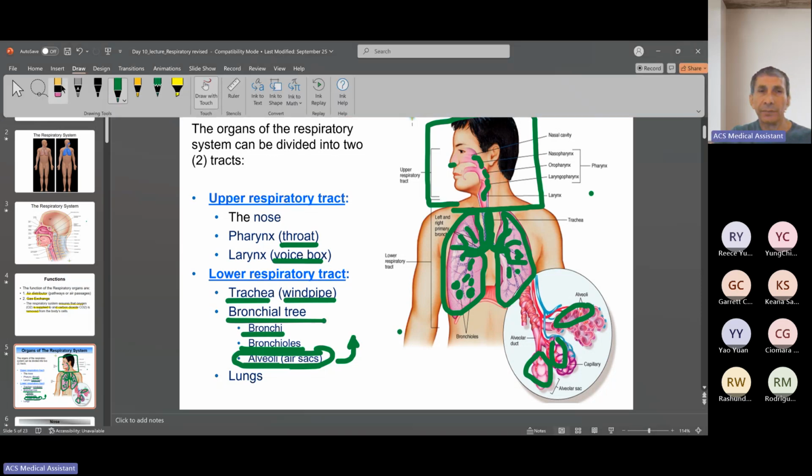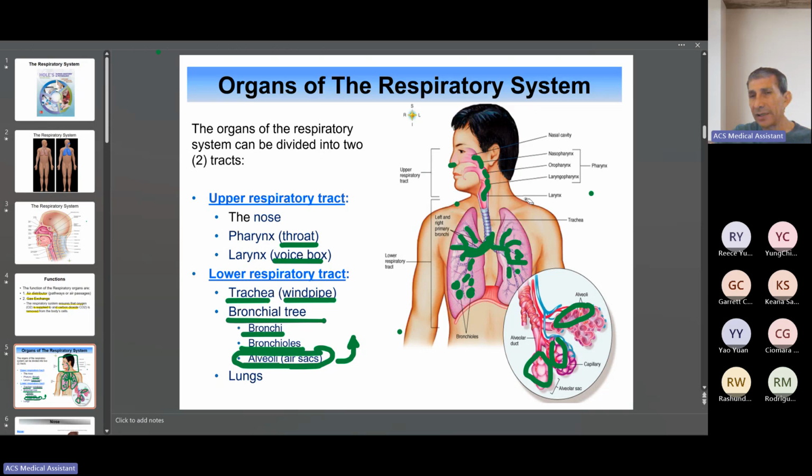So again, later on, we're going to see how that gas exchange moves from the blood to the alveoli and from the alveoli to the blood, in and out of our body, how that works.